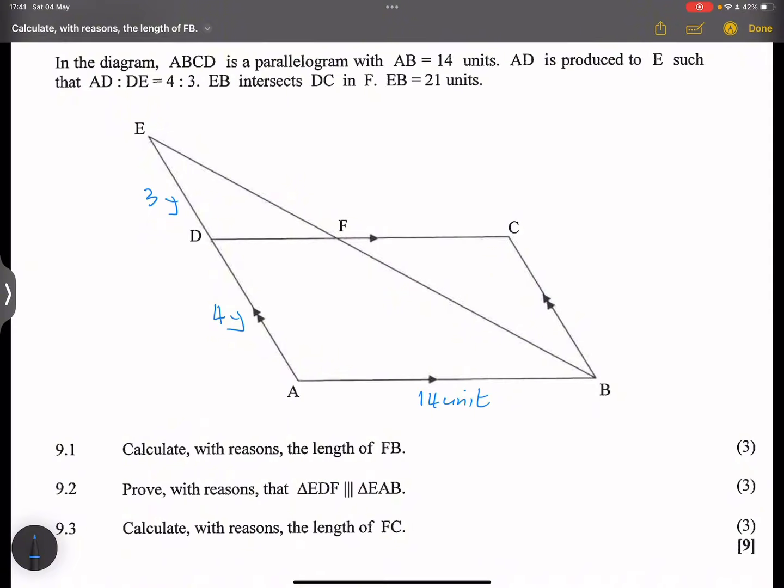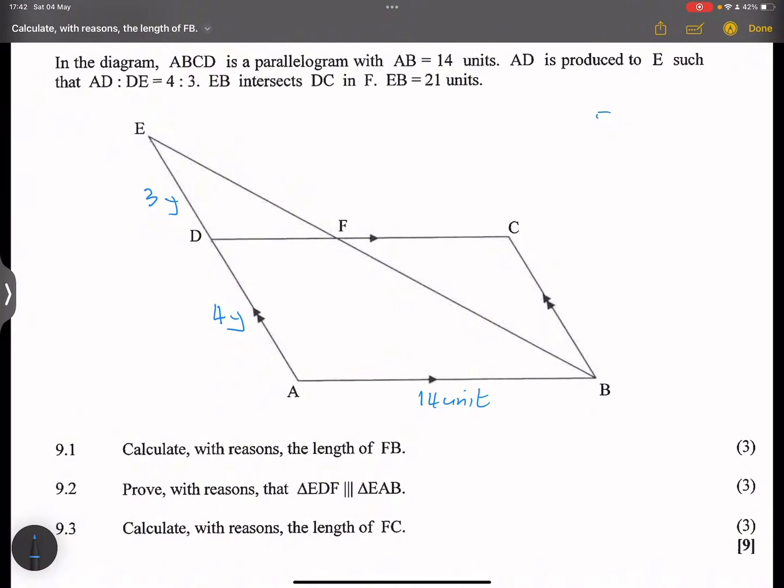And then they say EB intersects DC at F. And they say EB is equal to 21 units. So EB, where is our EB? It's that entire side there, which is 21. Now they say to us, calculate with reason the length FB.